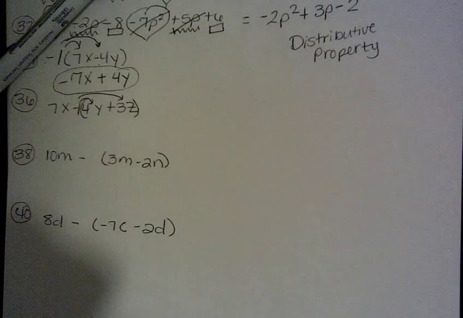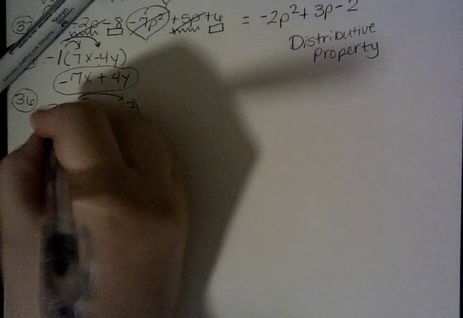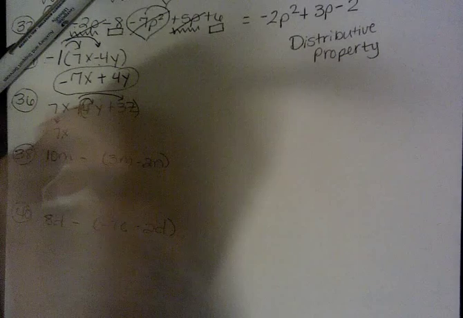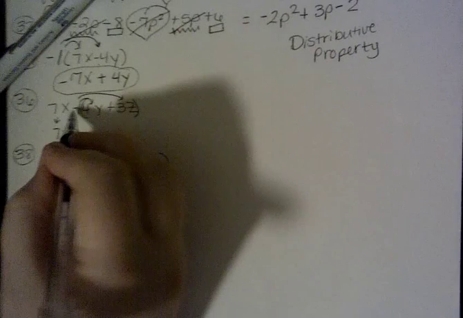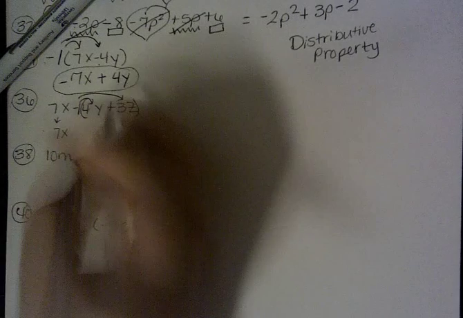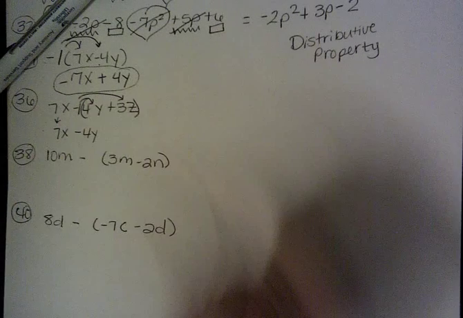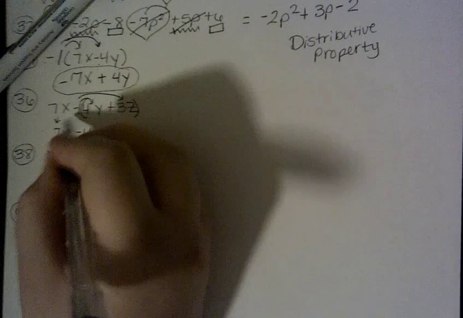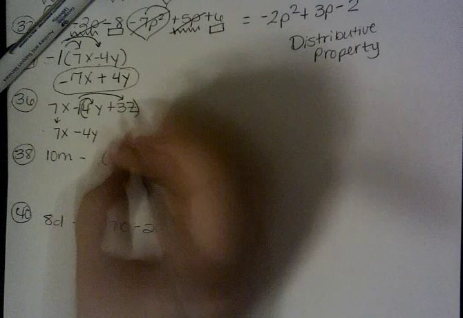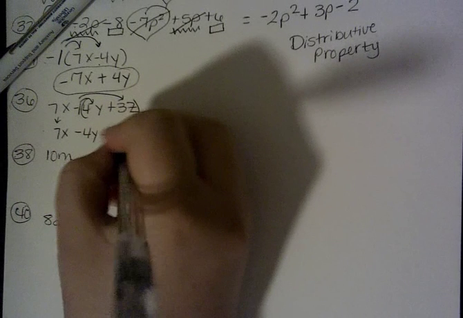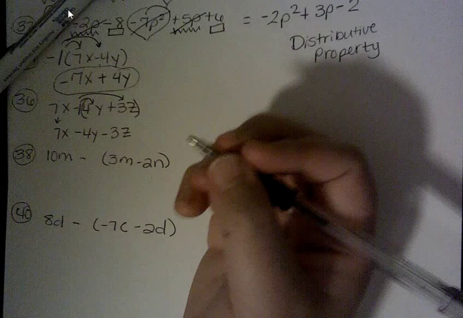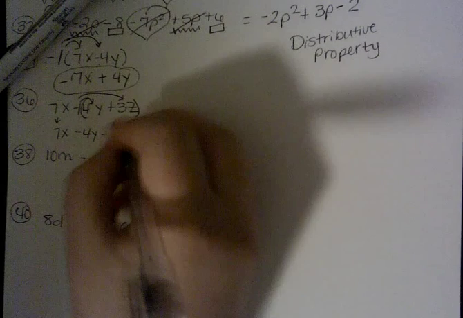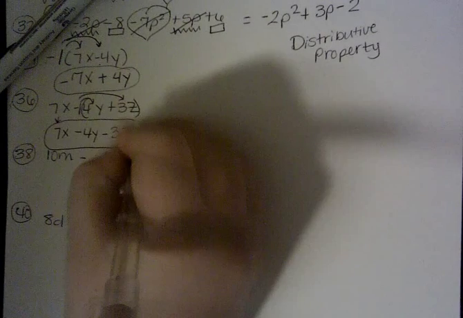So we're going to bring that 7x down. -1 times 4y is -4y. -1 times 3z is negative 3z. None of them are like terms, so that's as far as we can go.